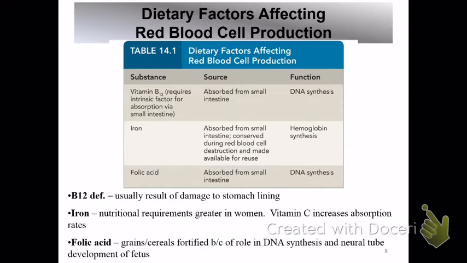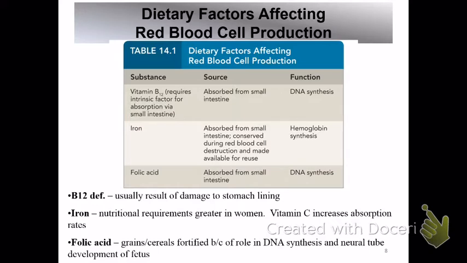And so all three of those. B12, if you have a deficiency, is usually the result of damage in the stomach lining. Iron, nutritional requirements: women need more iron than men, and that's why more women are anemic. Vitamin C increases the absorption rates.